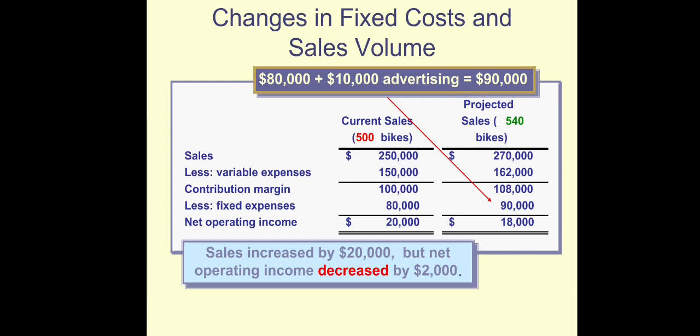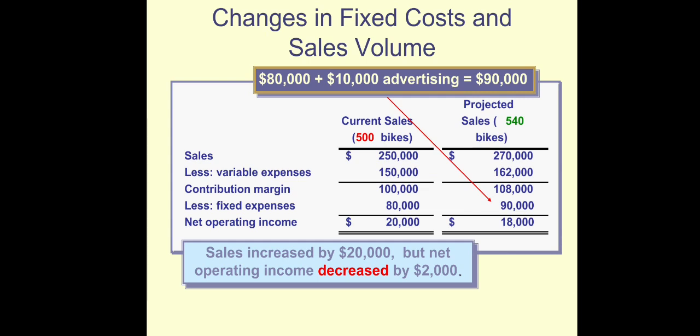Variable expenses also increase. Why do the variable expenses increase? Because you have to remember, variable costs are costs that will increase when the quantity of production increases. In this sample bicycle business, the unit variable cost is $300. So for one bicycle, the unit variable cost is $300.